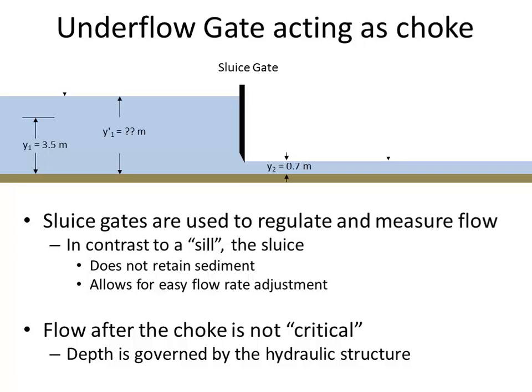But if we put the gate deep enough down, then there will be too much energy required at 2, and choking has to start to occur at 1 in order to provide that energy. And so the water will begin to get deeper in order to make it so that the available energy is equal to the required energy. So our first question is, how much energy is originally available?